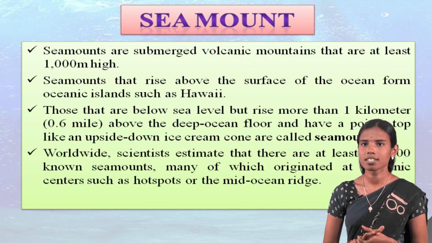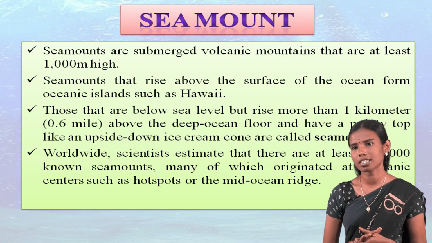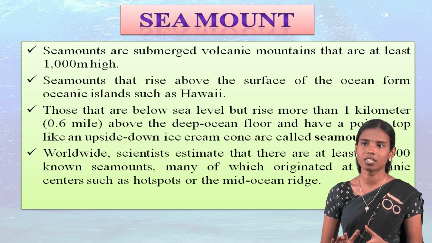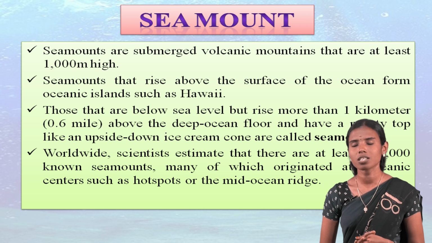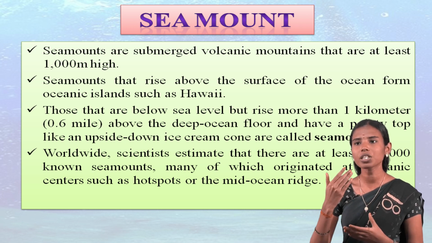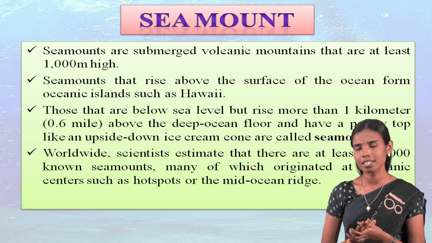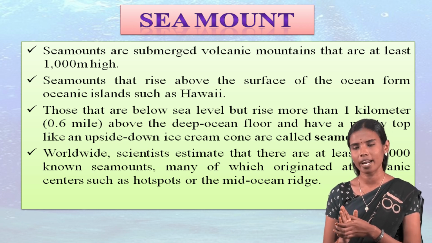Next one is the seamount. Seamounts are submerged volcanic mountains present in the deep ocean basin that are at least 1000 meters high. These seamounts rise above the ocean floor, form oceanic islands, and the best example is the Hawaiian group of islands.